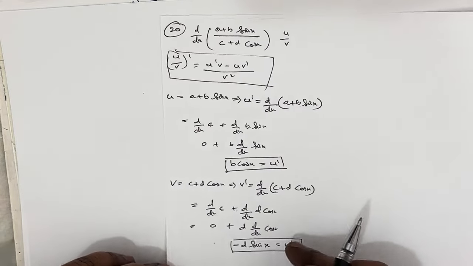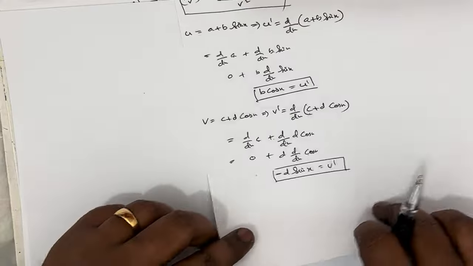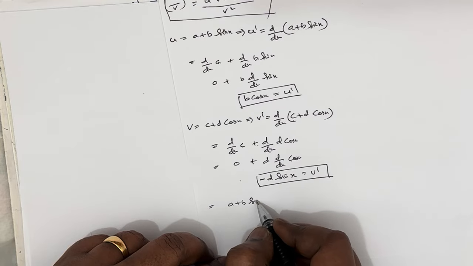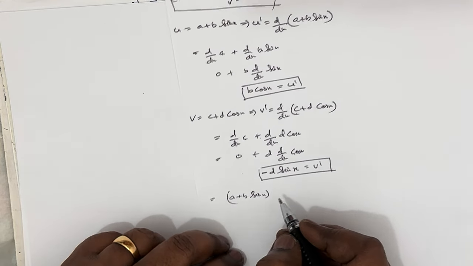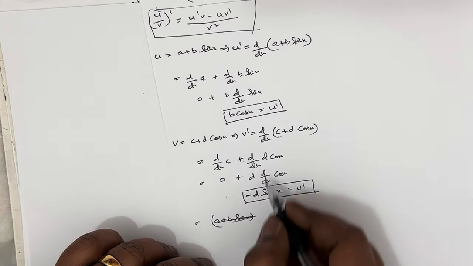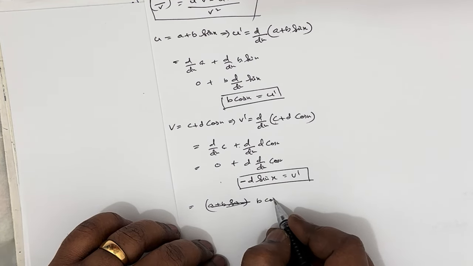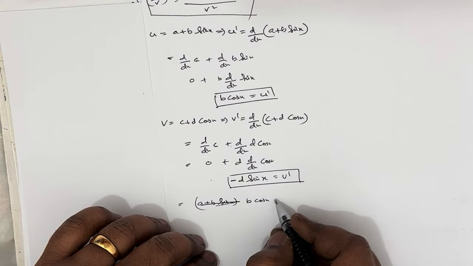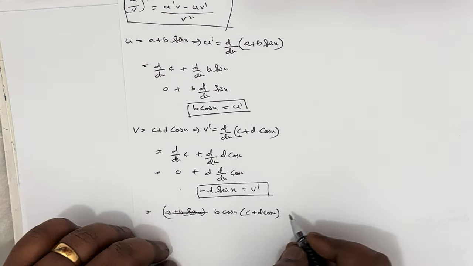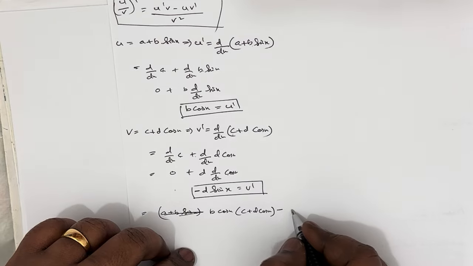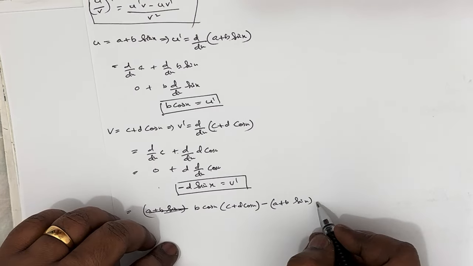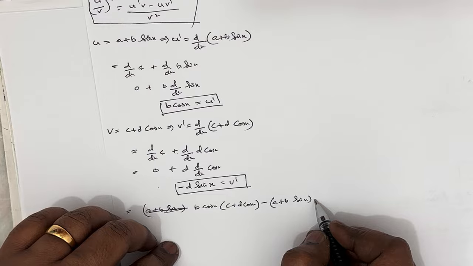Now let's put these values u, u dash, v and v dash in the formula. So u dash is b cos x, and v is c plus d cos x, minus u, which is a plus b sin x, and v dash is minus d sin x.